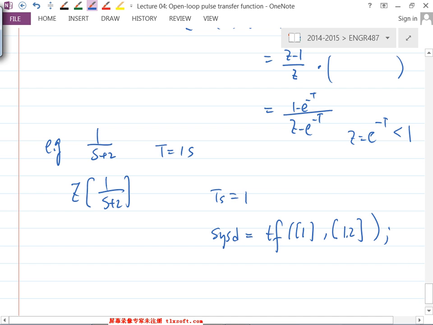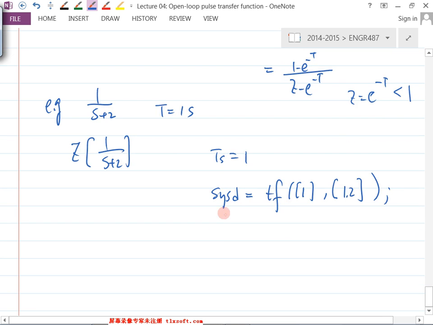And the next step, I should call this C, probably continuous system, and D for discrete system, is to use the command called c2d, basically continuous to discrete.